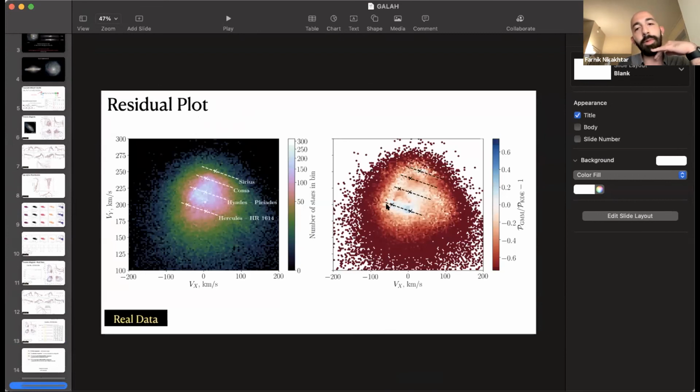For example, when we plot this heat map of Vy Vx and make the residual plot of our Gaussian mixture model versus the kernel density estimate from the real data, we can see that the overestimated and underestimated regions are exactly at the same point as these moving groups. But yeah, I'm not sure about substructures like Gaia Enceladus.